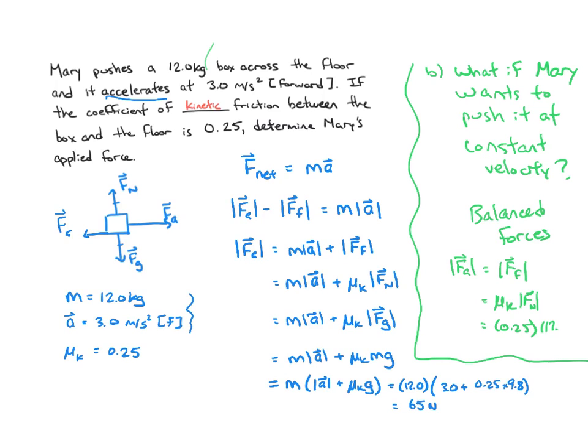So 12, 9.8. And then let's get that there, 27 newtons. Okay, so that's what she'll have to push with if she wants to keep it at constant velocity. And there you go. Okay, we'll just stop at those two examples and we'll let you practice some.